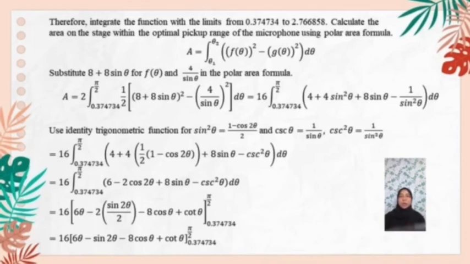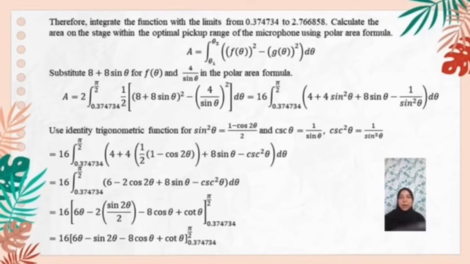After we get the two values of theta, we can find the area using the formula for area. For the limit of theta, we can use the second limit that we found just now, or use pi divided by 2, but we must multiply the equation by 2. In this case, if we use the limit 0.374734 until 2.76858 or 0.374734 until pi over 2, we can get the same answer for area.